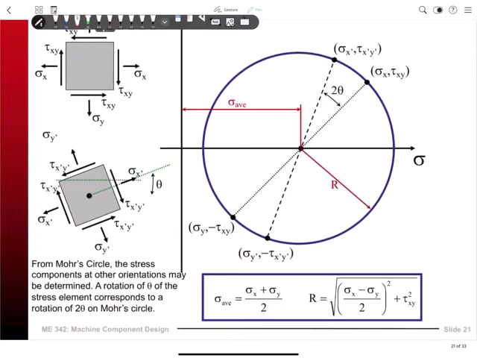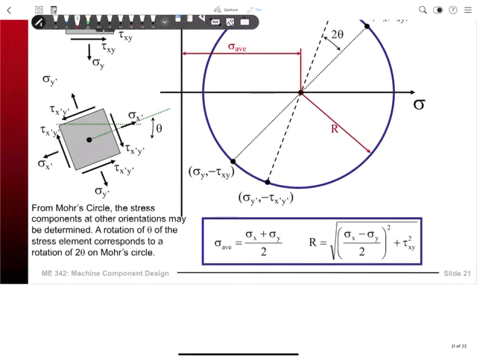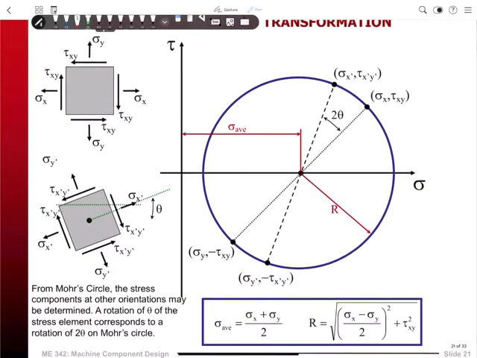Because when we plot the Mohr's circle the first time, this is called stress transformations. What we do is we take our first normal stress and our shear stress, and then we plot a point. We take these two things here, and then we just go over and up, and that gives us this point.